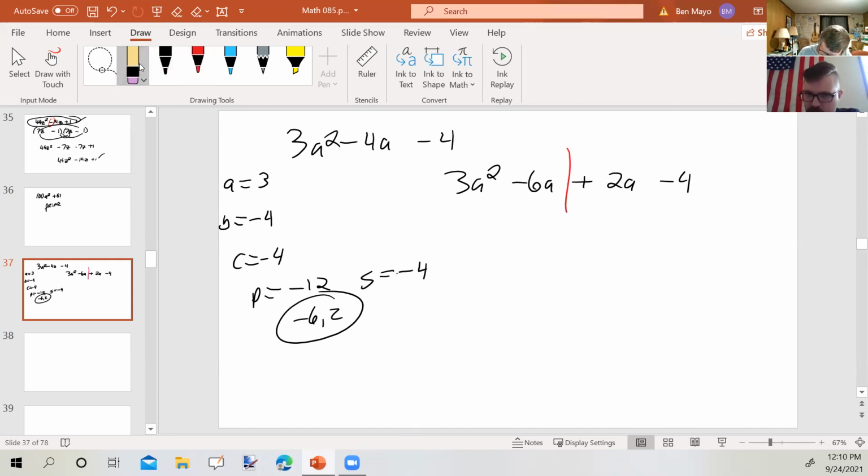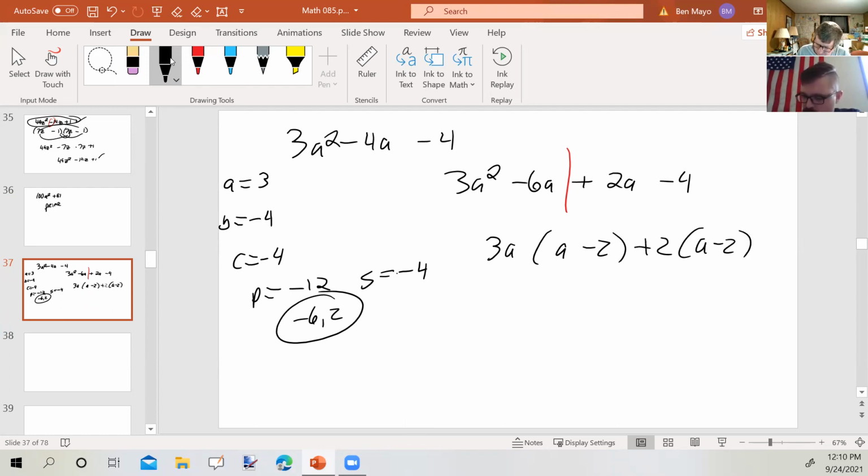Factor by grouping. Greatest common factor of the first 2 terms, 3a, leftover is a minus 2. So the leftovers are a minus 2, and looking up here, I'm going to have a plus 2. So a minus 2, 3a plus 2, and there you go.